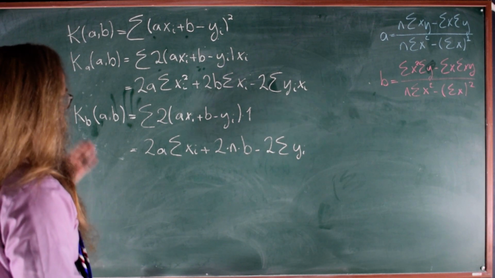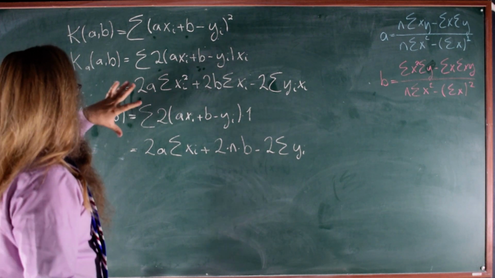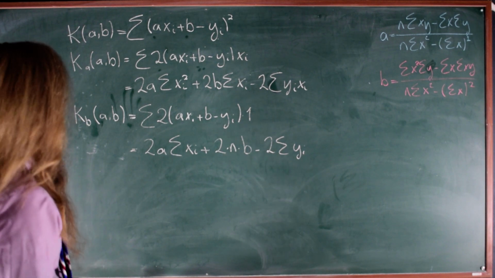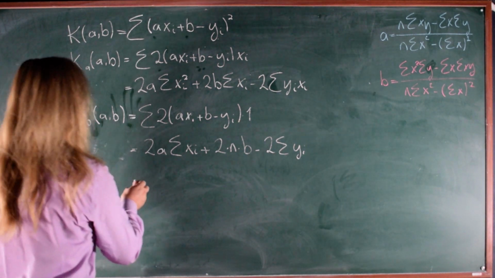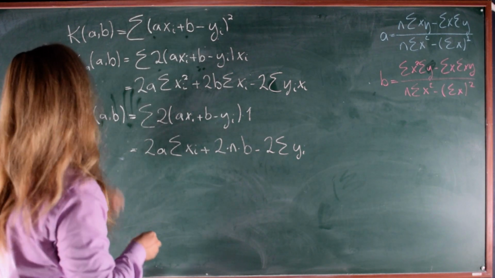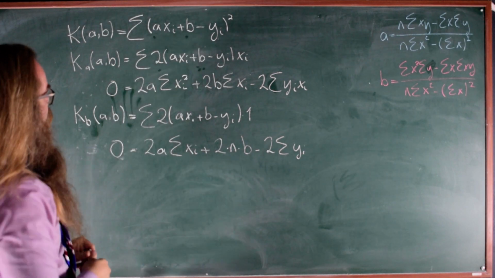Okay. Wonderful. So to find the extremum for this function, I want to set this vector, this gradient, to 0. So this is equal to 0, and this is equal to 0.